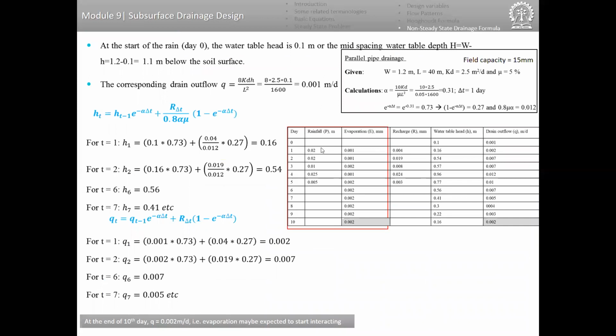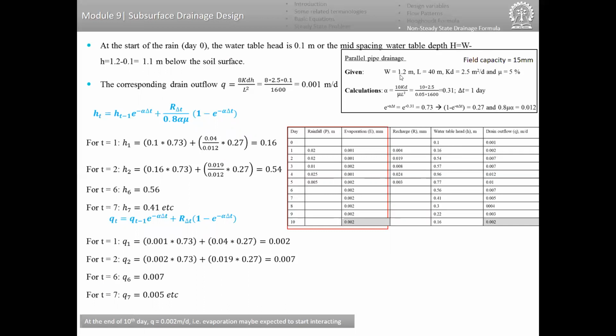At the very beginning, at the start of drain, day is equal to 0 or time t is equal to 0. The water table head that is given to us is equal to 0.1. Or we can say the mid-spacing water table depth from the soil surface is equal to the depth to the drainage base, that is W, minus h.